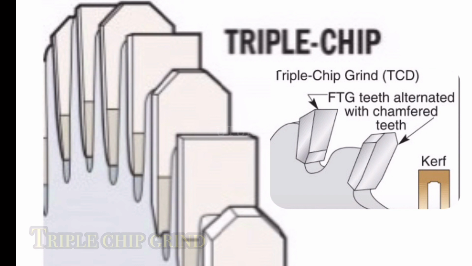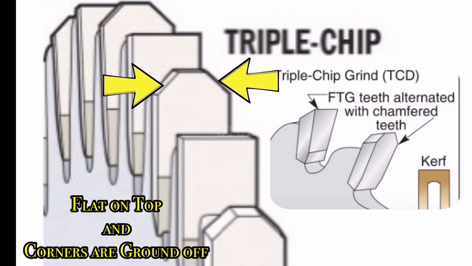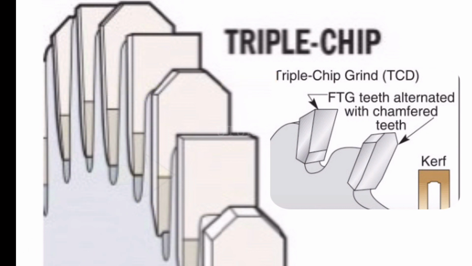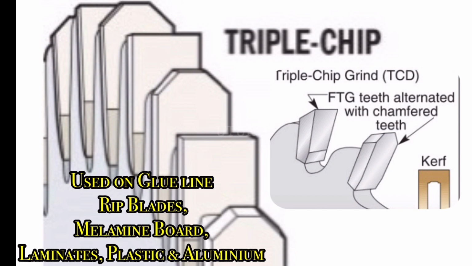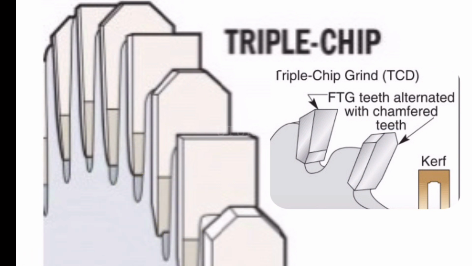They have beveled corners on either side of one tooth and then alternate with an FTG tooth continuously throughout the circumference perimeter of the blade. Suffice to say, on the blade, the beveled corners alternate with the FTG teeth.